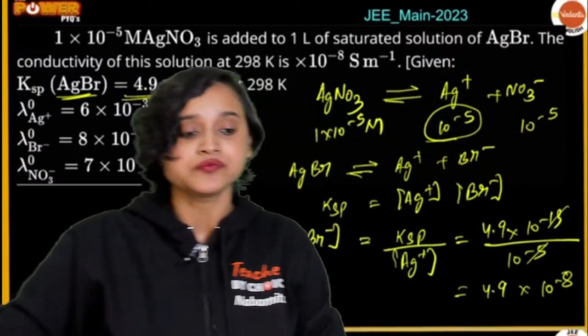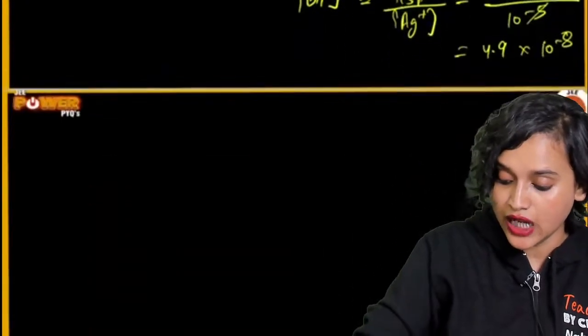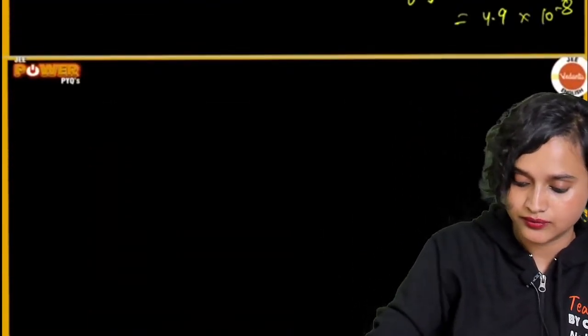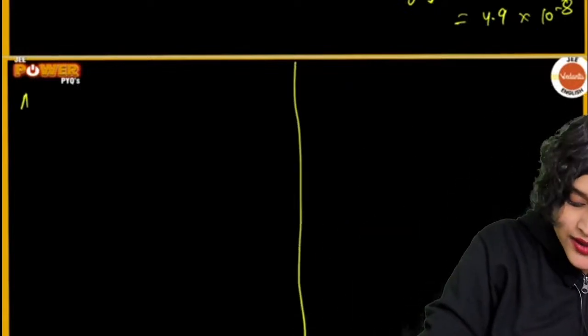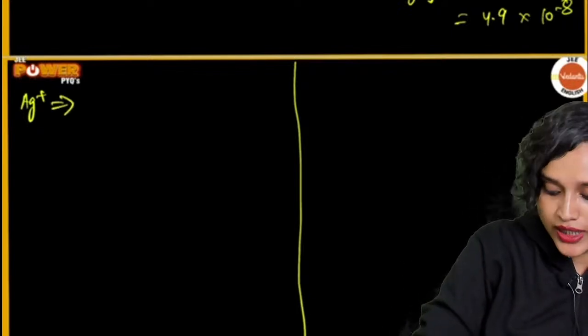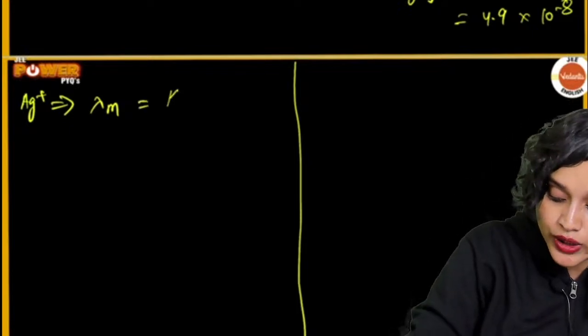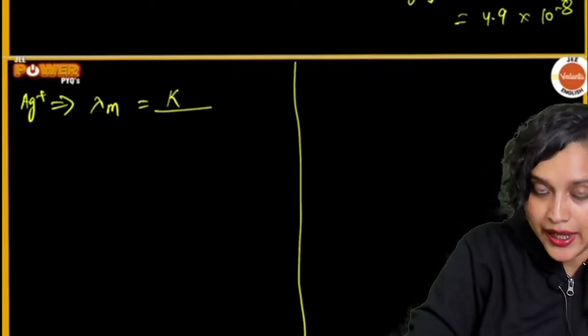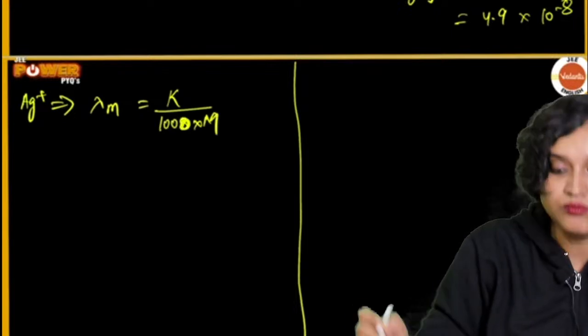Great. Now similarly, we will have to calculate it for Ag plus. Let's draw a line here. For Ag plus, what is given to us and what do we have to find out? Lambda m is equal to kappa divided by 1000 into molarity.